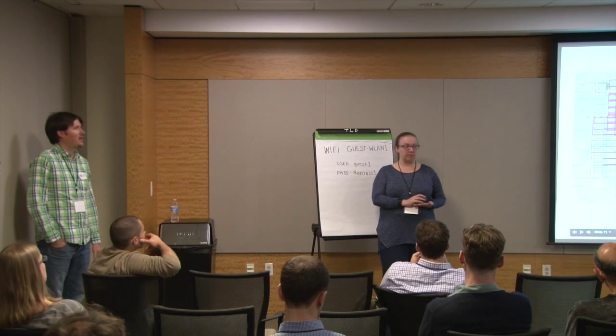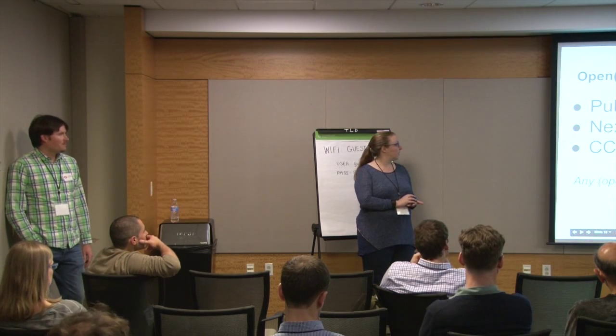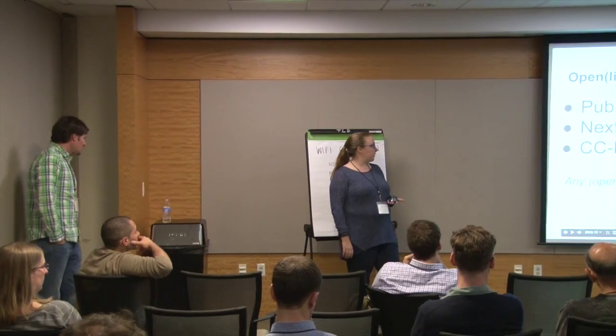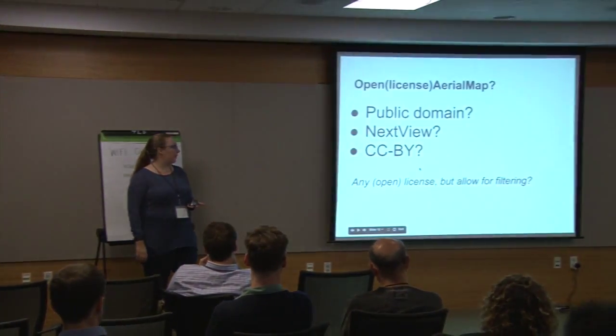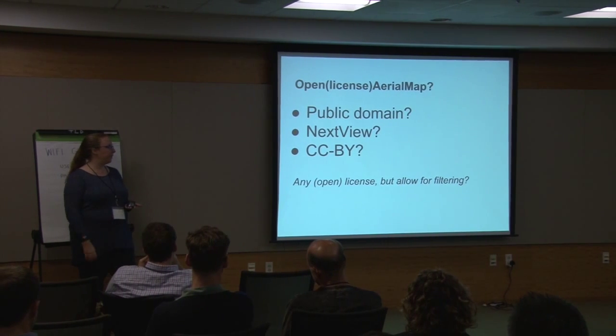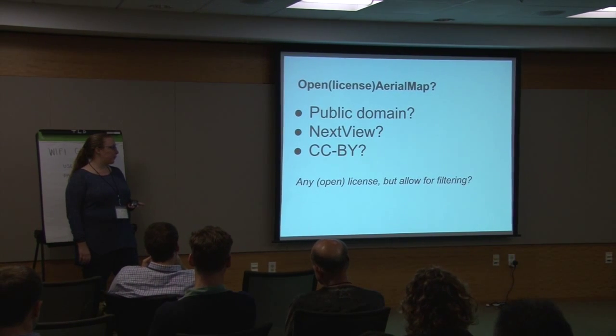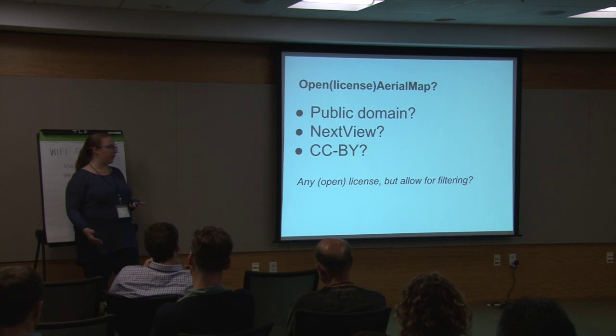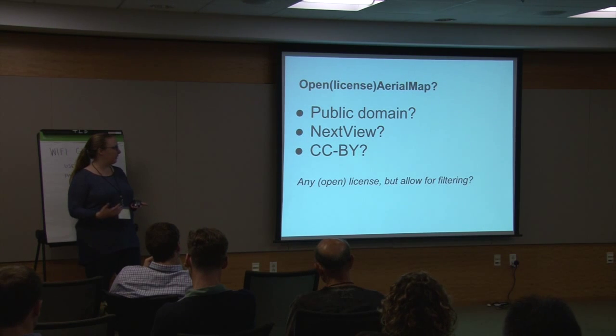Yeah, so we've had a lot of discussion about what's an open license in OpenAerialMap. And should it be any open license, but allow for filtering? For example, Creative Commons by attribution is an open license, though NextView really isn't.